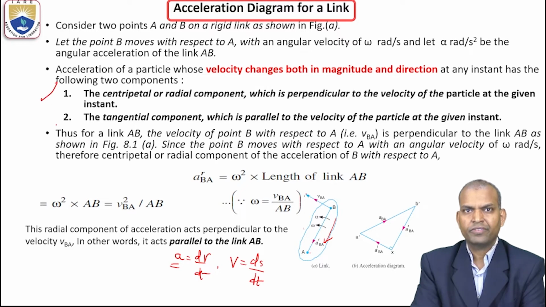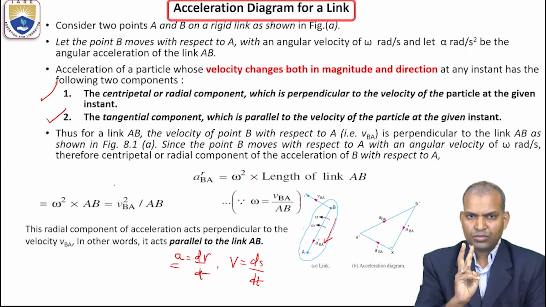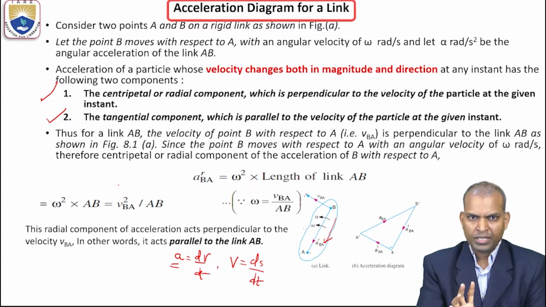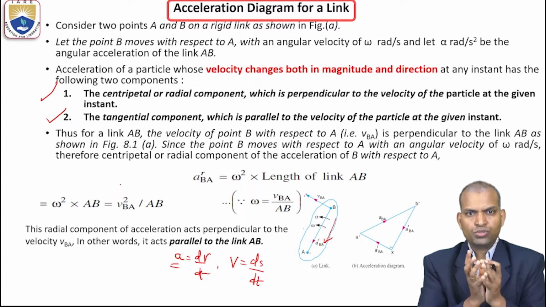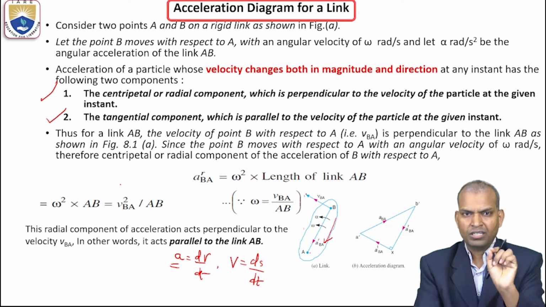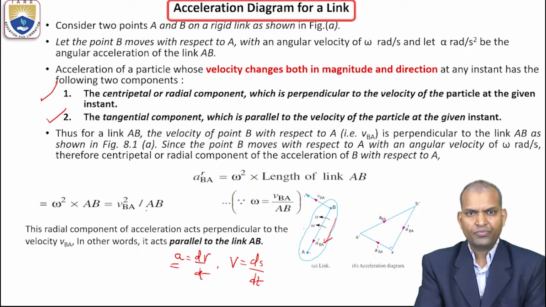These two rules are very, very important. Every particle has two acceleration components: one centripetal or radial component, and the second one a tangential component. The sum of these two gives the total acceleration of a particular link. So, what is the direction of these two?